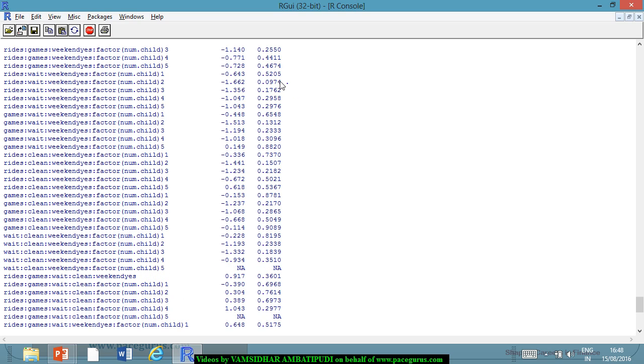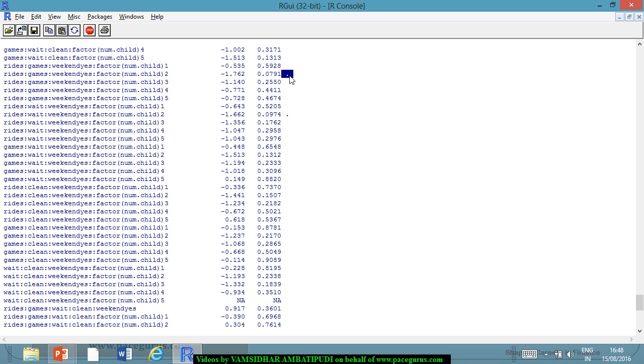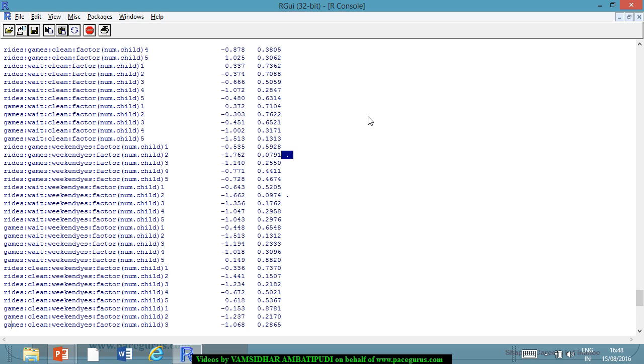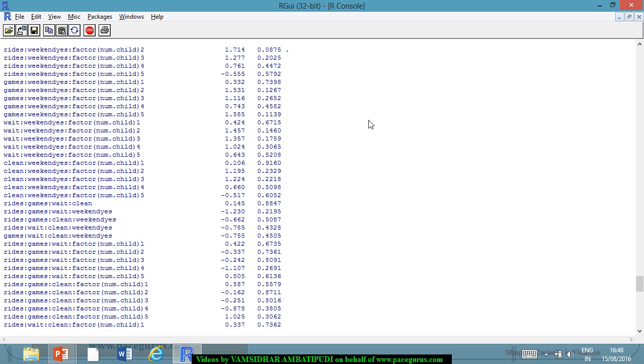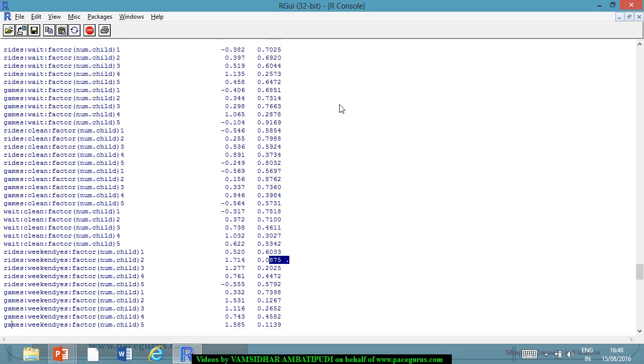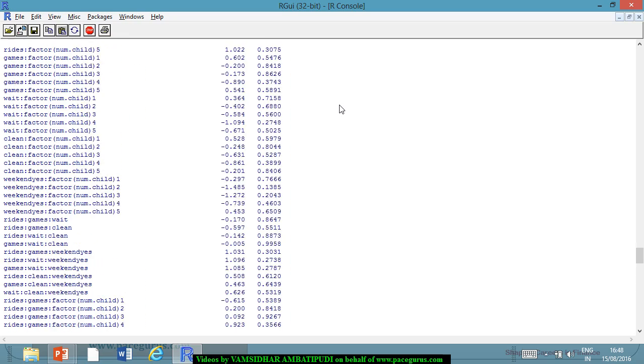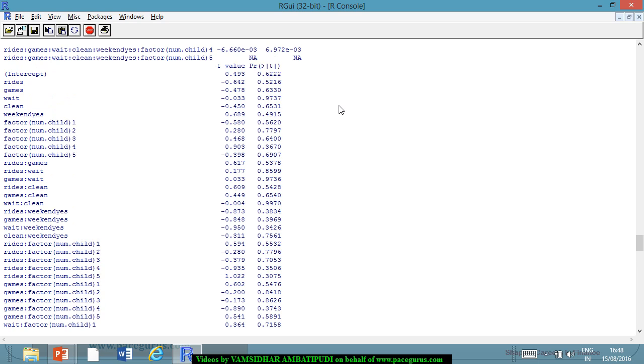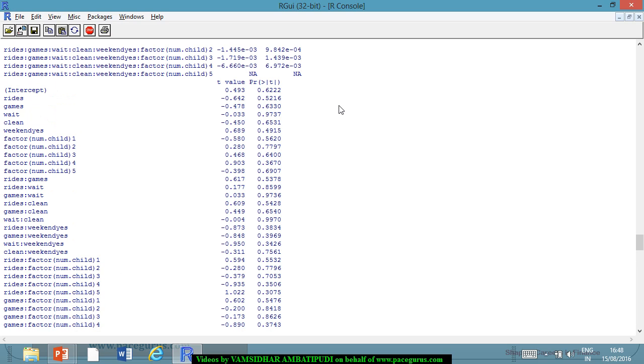The same goes with weight, weekends, and when there are two children. Then similarly games, rides, games, weekend with two children, some level of significance, and similarly rides, weekend with two children. So these were the variables that were influencing, but none others, neither the rides nor the games.